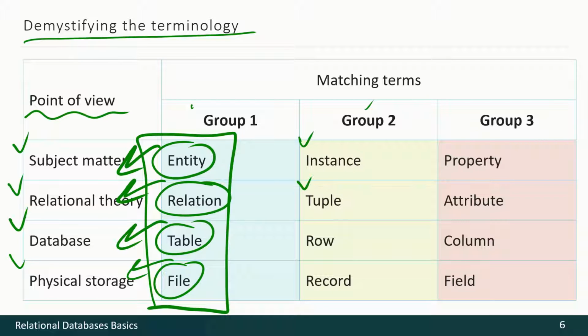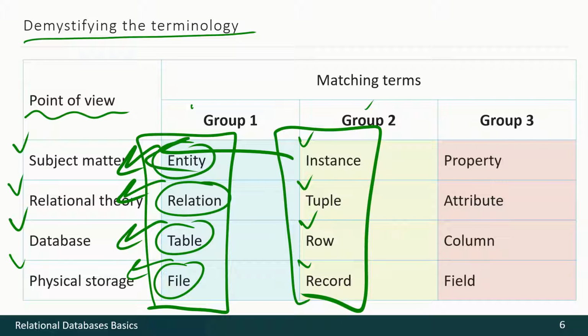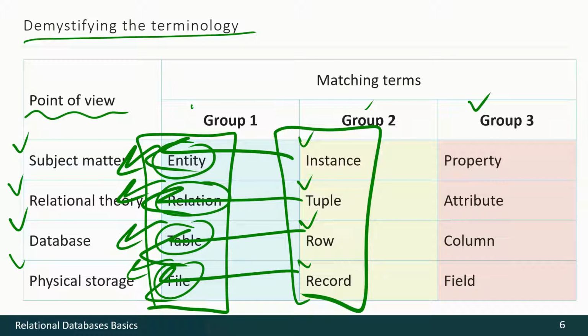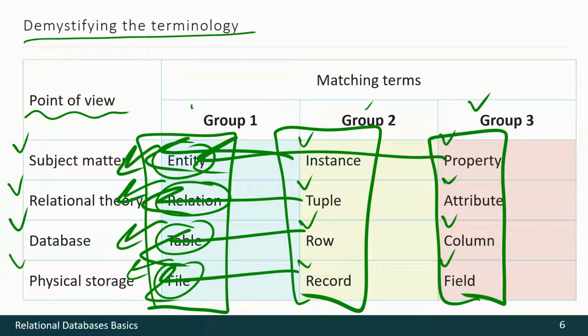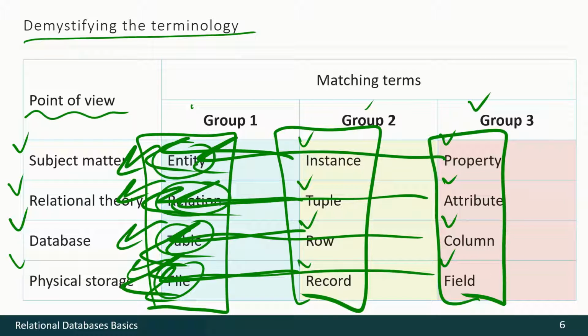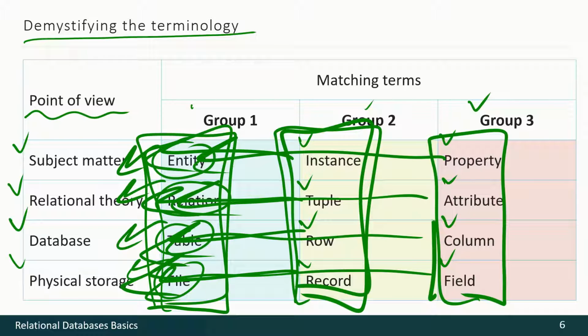The instance, the tuple, the row, the record are synonyms, just depending on the point of view. And the third group is a group of synonyms too. A property, an attribute, a column, a field are synonyms, also depending on the point of view. So, unless you are writing a scientific article, you may use such groups of terms as synonyms. Nothing bad comes from it.